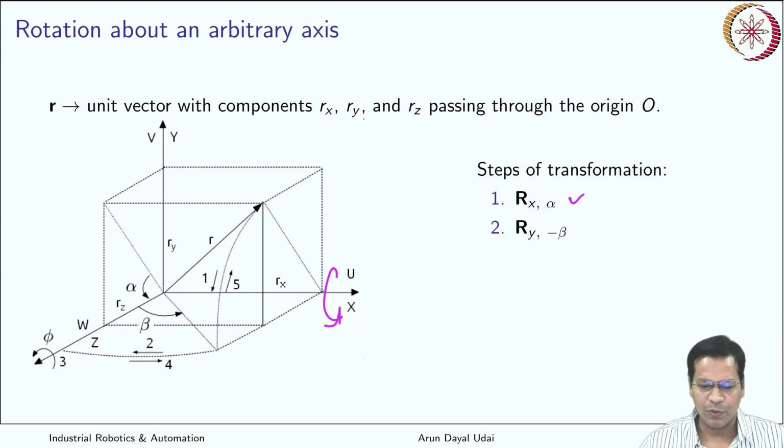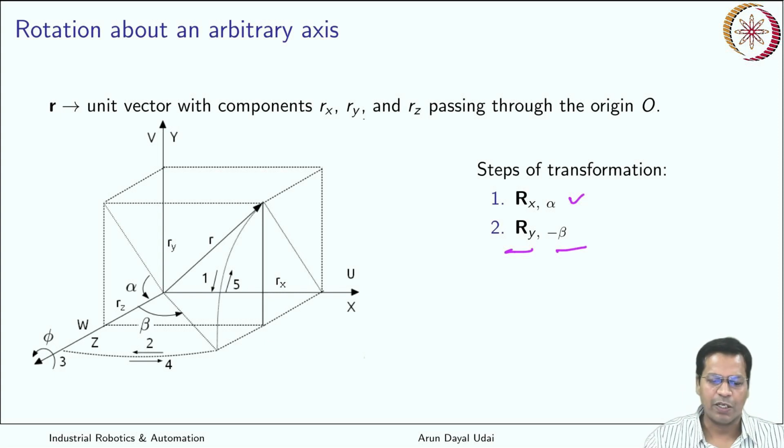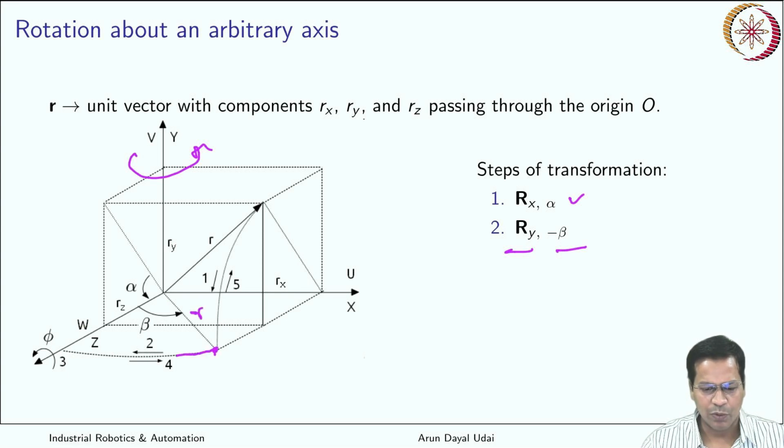This time I have to do rotation about the y-axis by an angle minus beta. Why minus beta? This is your positive direction. But I want to rotate this vector now in order to align with the z-axis. This r should now be rotated like this so as to come here.